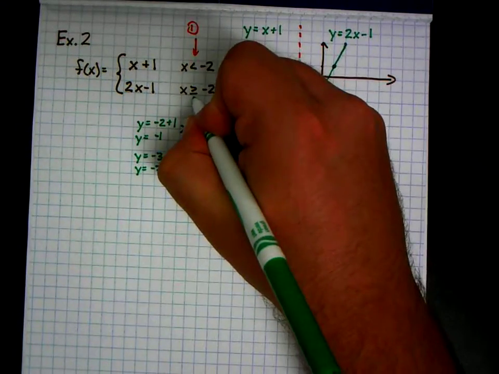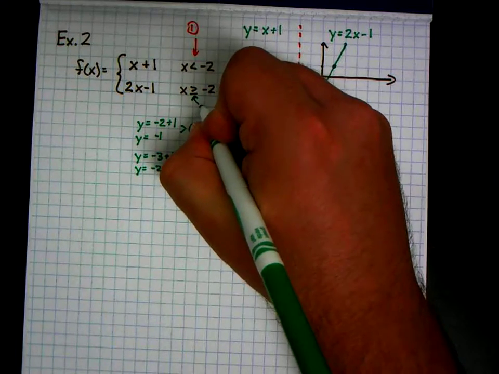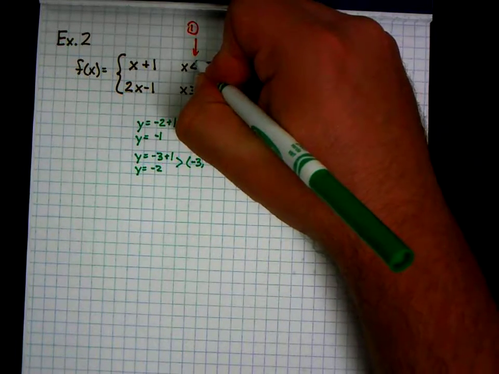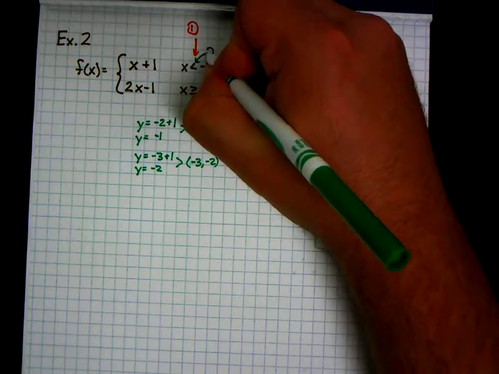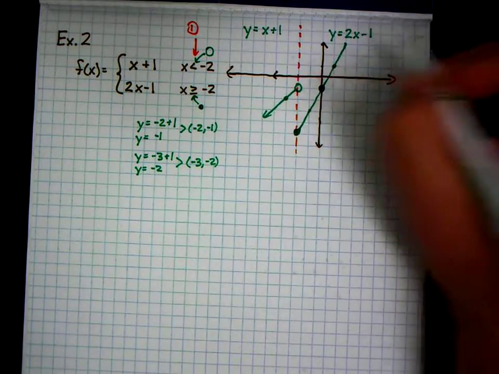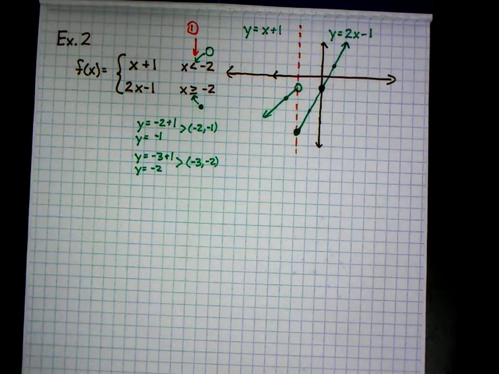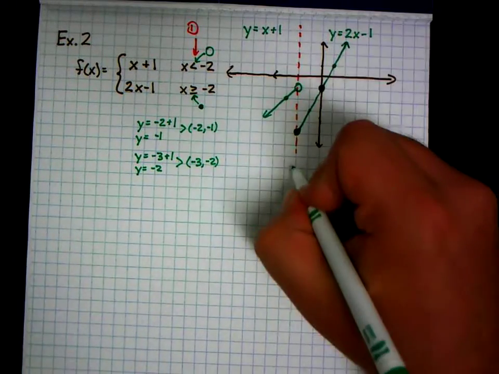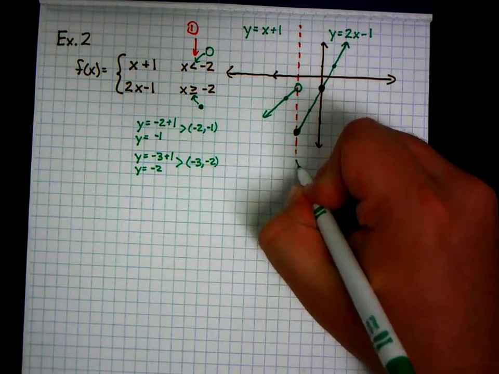So because I have the equal sign on this one, I want to use a solid dot. Because I don't have it on this one, I want to use an open dot. Now, the only place you have to worry about that is right here on the dotted line.